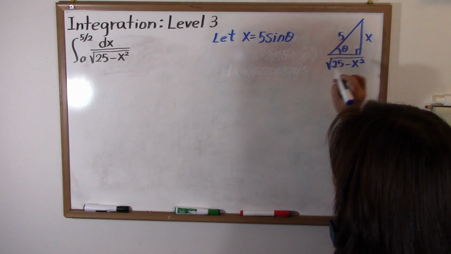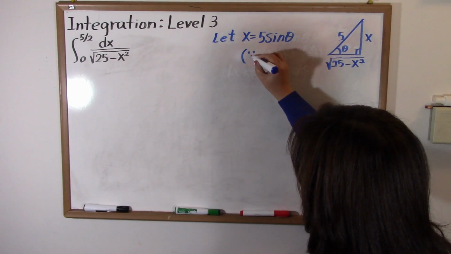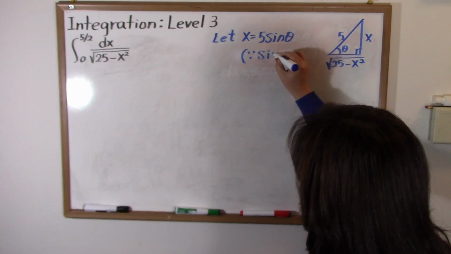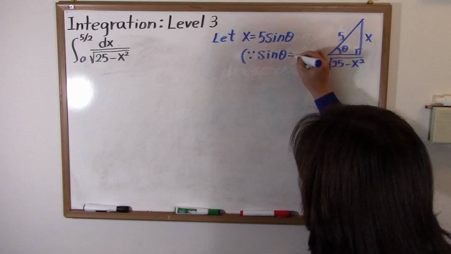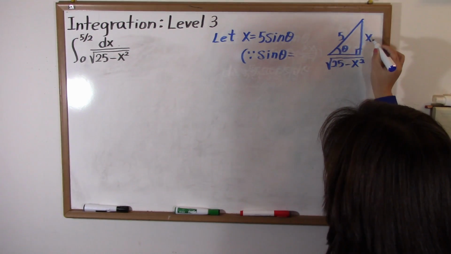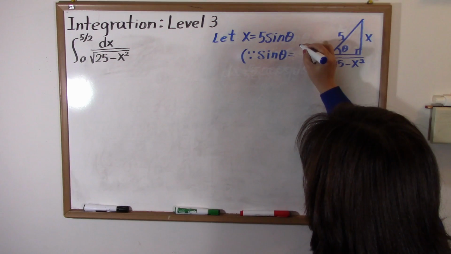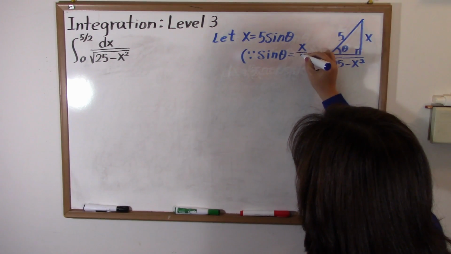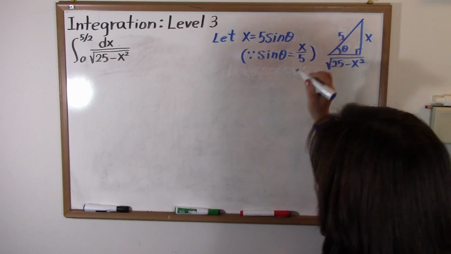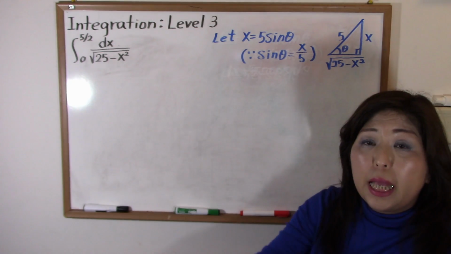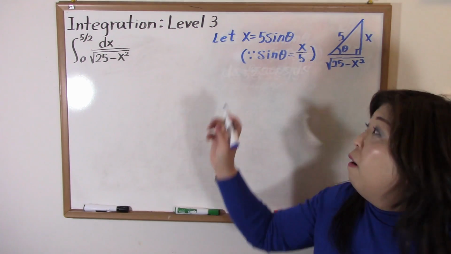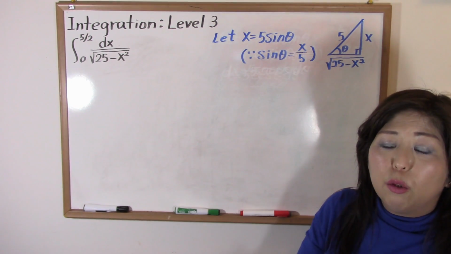So, from this figure, sine theta is equal to opposite over hypotenuse, x over 5. So that is why x is equal to 5 sine theta, right?